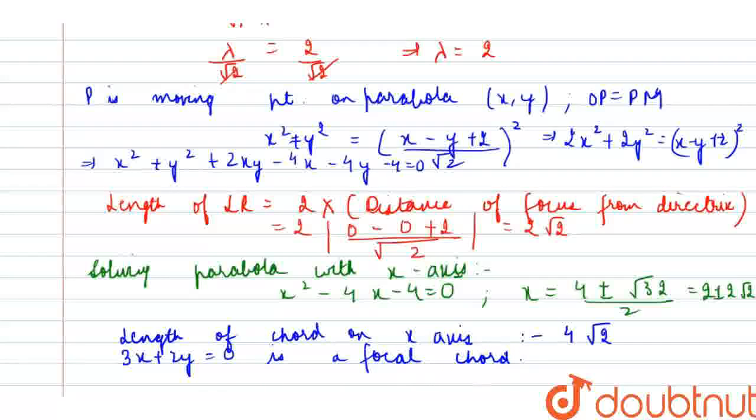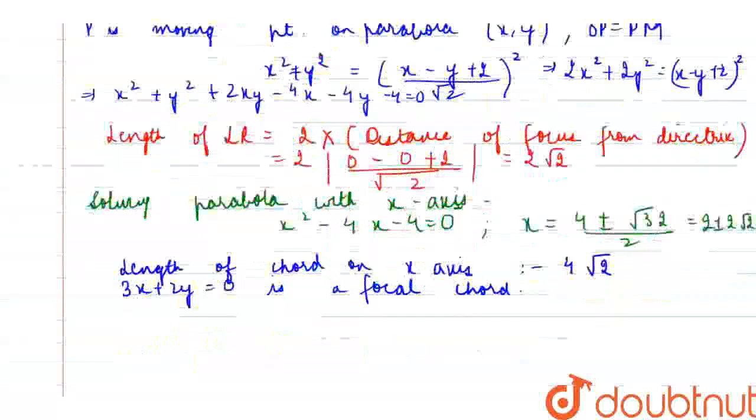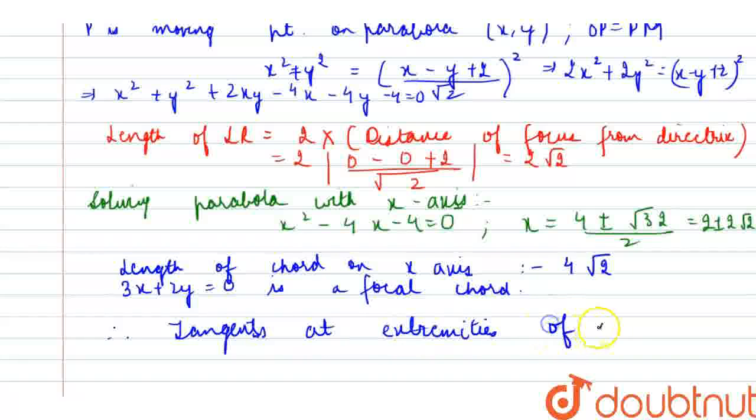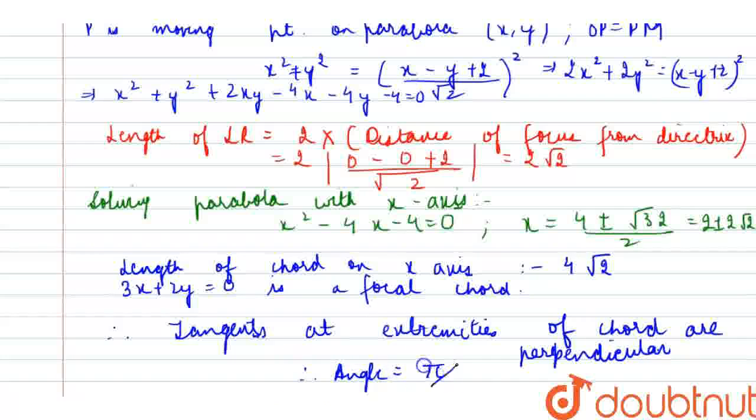Therefore the tangents at the extremities of the chord are perpendicular. Therefore, what would be the angle? The angle would be equal to 90 degrees, that is pi by 2. So I hope this is clear.